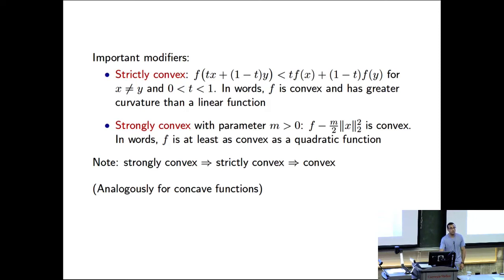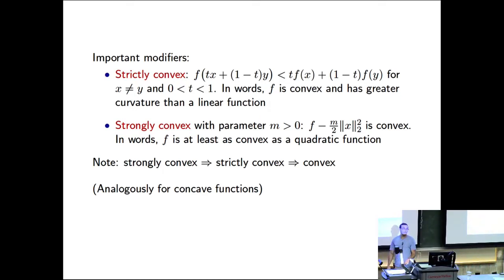Linear functions are convex, something we will state in a few slides, but it should be intuitive to you. A linear function is convex: if I take any two points and look at the line segment joining them, it's equal to the function, so it meets the definition.